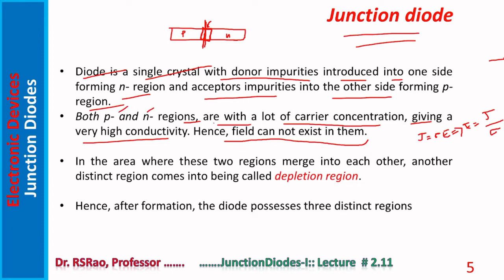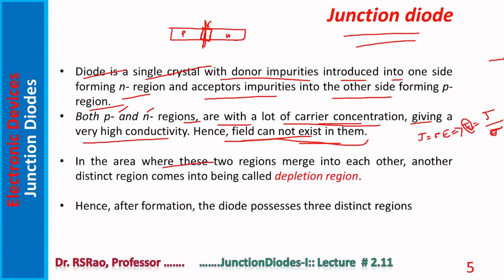Since sigma in either region is very huge, E becomes negligibly small, or zero. Hence, a field cannot exist either in the P region or in the N region.